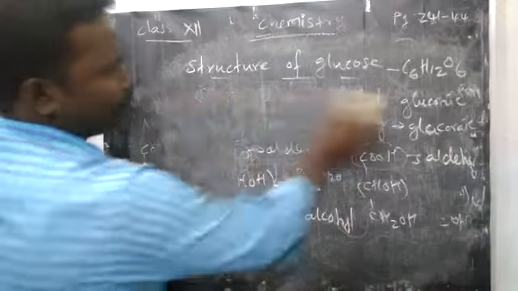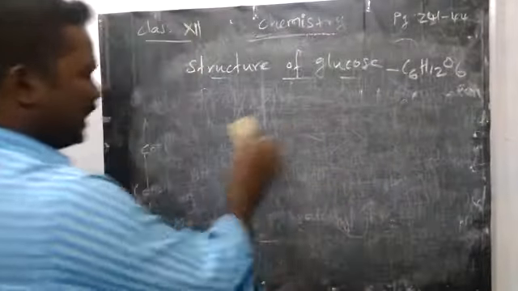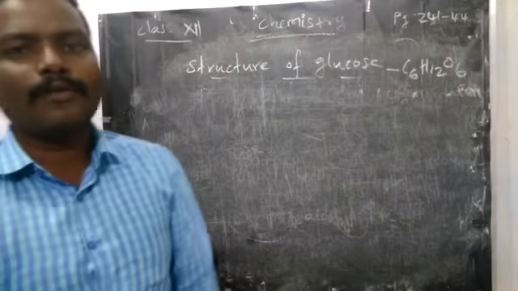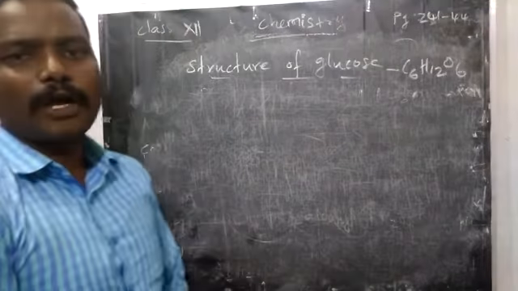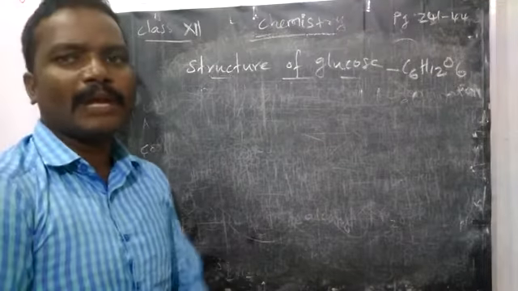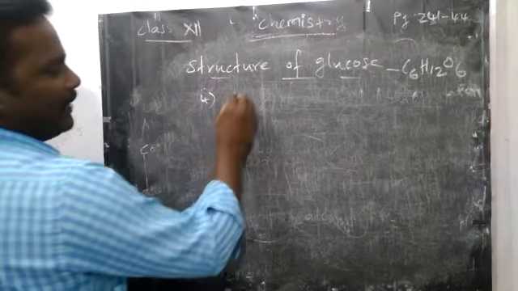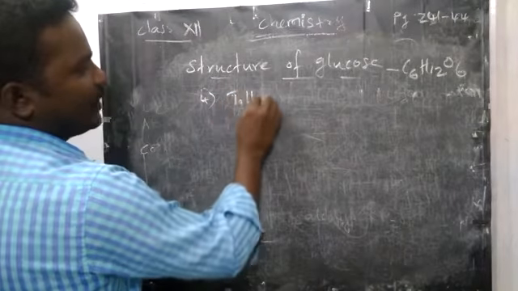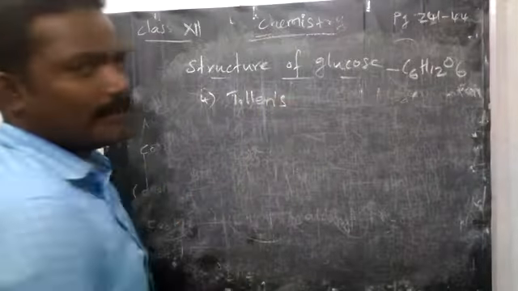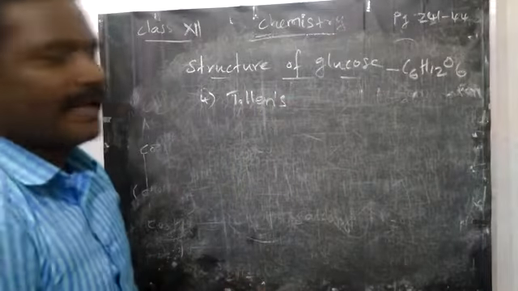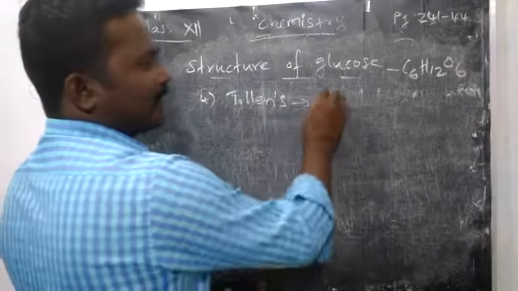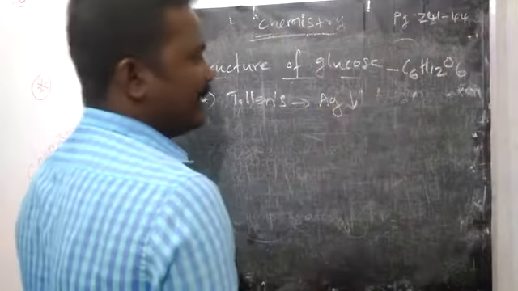Next, we are going to confirm that aldehyde group. How will you confirm? We know the tests for the aldehyde group. What are the tests? Tollens reagent and Fehling solution. So the fourth point, with Tollens reagent. What is Tollens reagent? Ammoniacal silver nitrate. In ammoniacal silver nitrate, silver is precipitated.